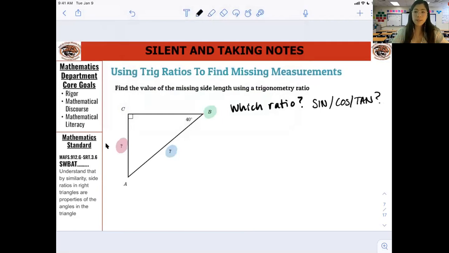Which one is the opposite side? CA. That's our unknown. And the hypotenuse is 7. So the sine of B is x over 7.